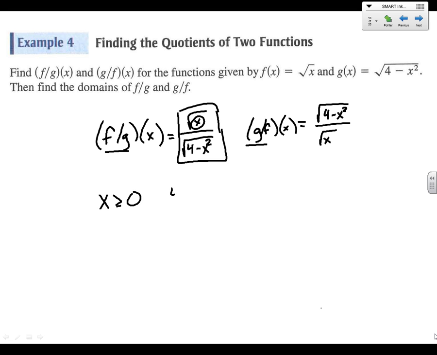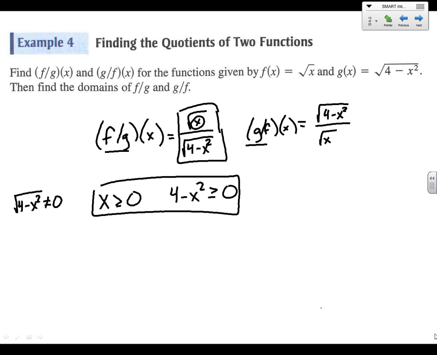We know that 4 minus x squared has got to be greater than or equal to 0. And then just for f over g, we know that the square root of 4 minus x squared cannot equal 0. These two are common to both f over g and g over f.